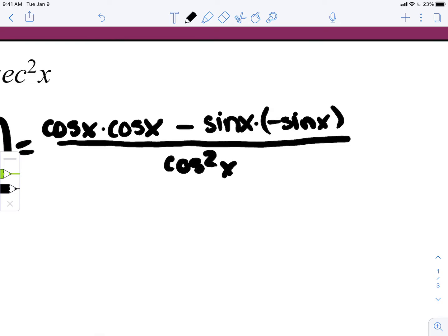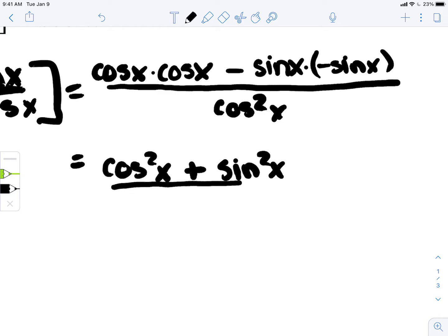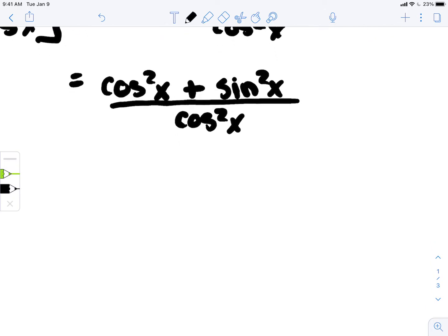Before we do anything, let's go ahead and simplify our numerator. We could rewrite cosine of x times cosine of x as cosine squared x, and minus sine of x times negative sine of x becomes plus sine squared x, all divided by cosine squared x. Cosine squared and sine squared should seem familiar to you because that is a Pythagorean identity, which is equal to 1.